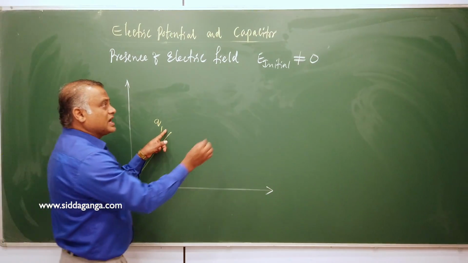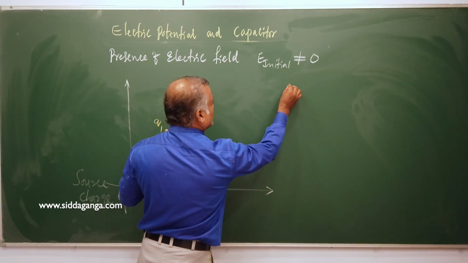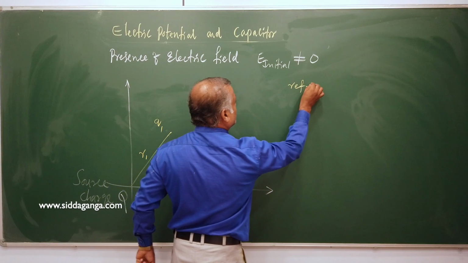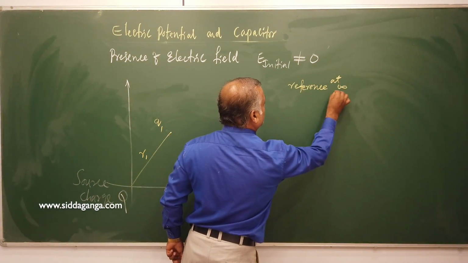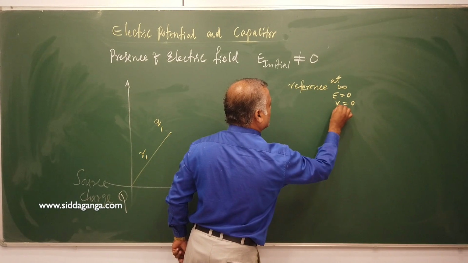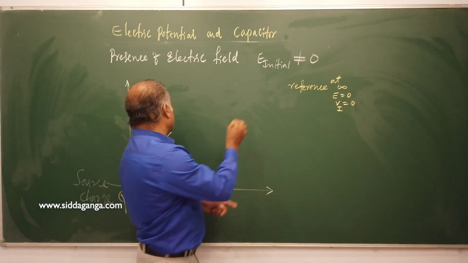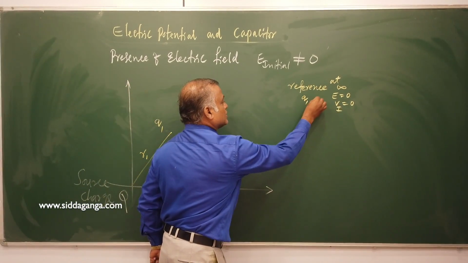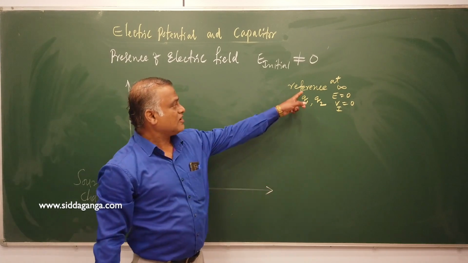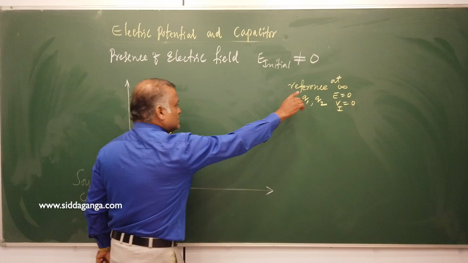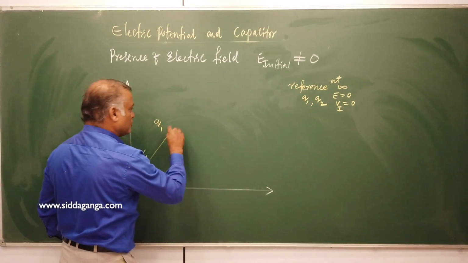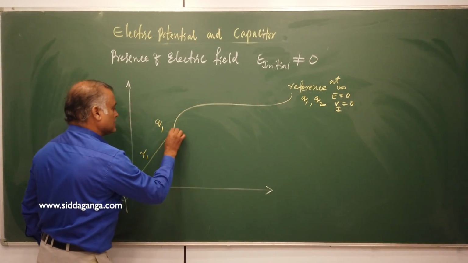Means Q1 has to be carried from infinity. That reference point is infinity. This charge Q1 and say Q2 have to be brought from infinity, where potential and field are 0, to the point of consideration.